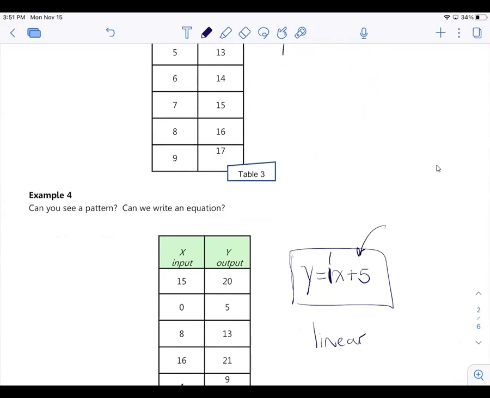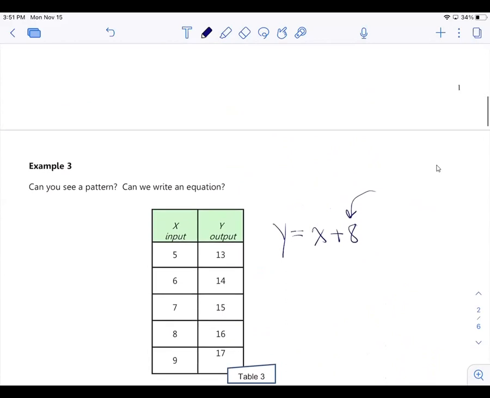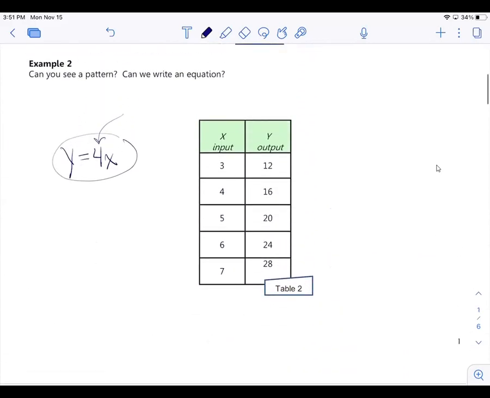This is really known as your rate of change. So if there's nothing in front of that x, it's understood to be a 1. So let me actually go back up here real quick. So this 4, that's known as your rate of change.